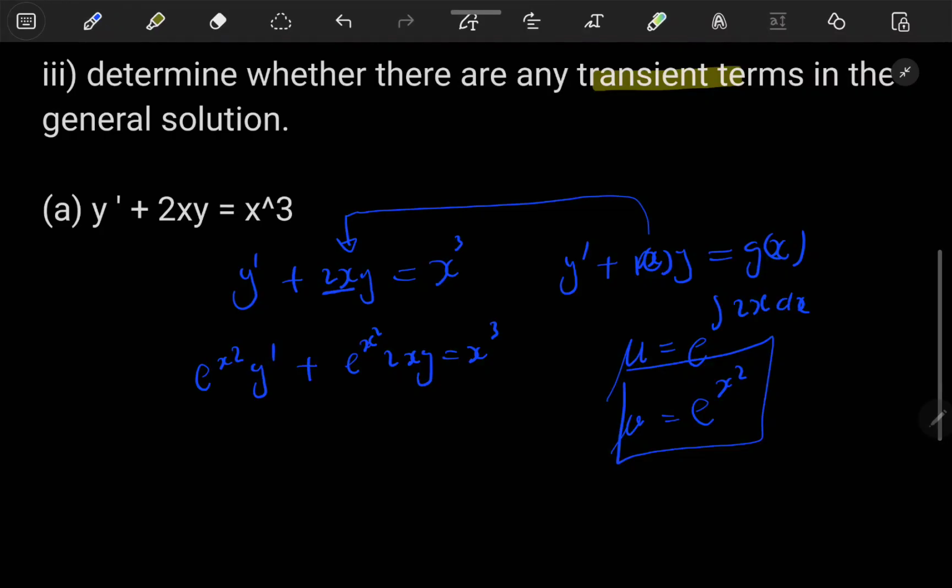Remember that the product rule looks like (f·g)' equals f prime g plus g prime f, so this is exactly how this looks.